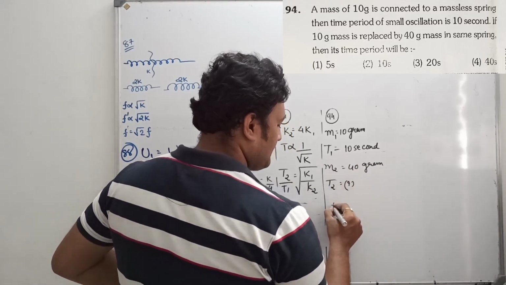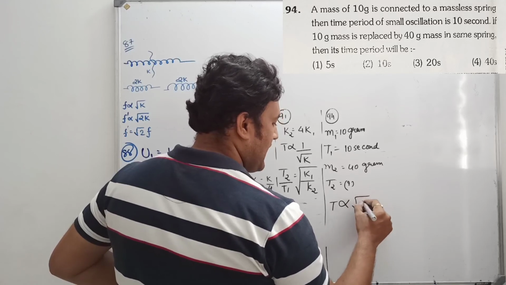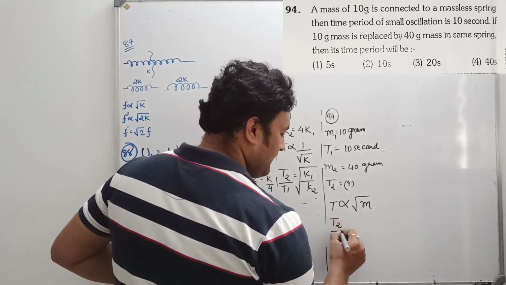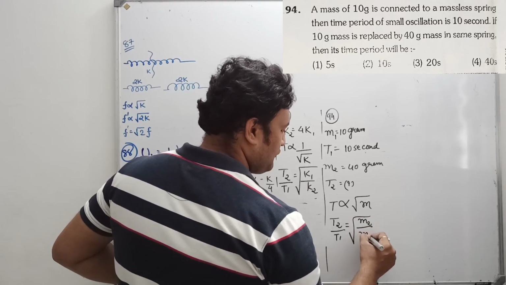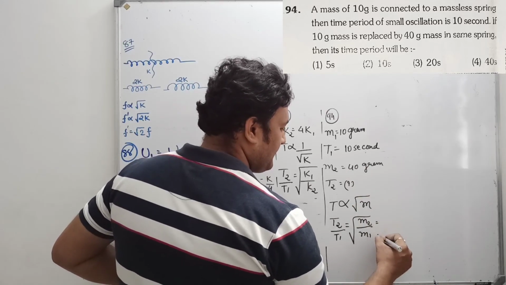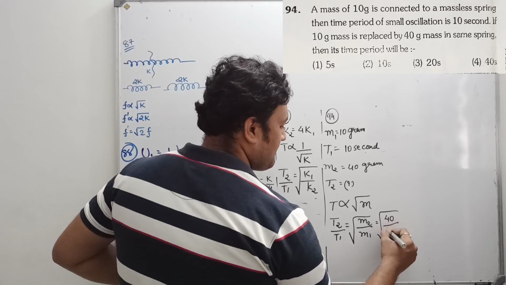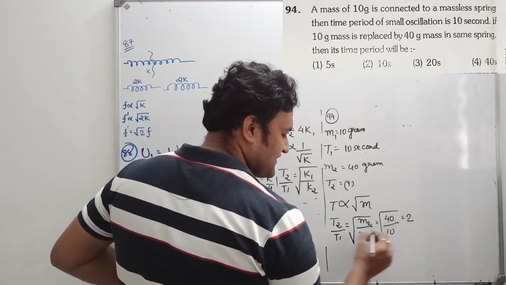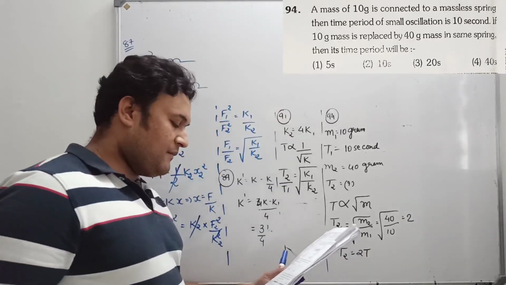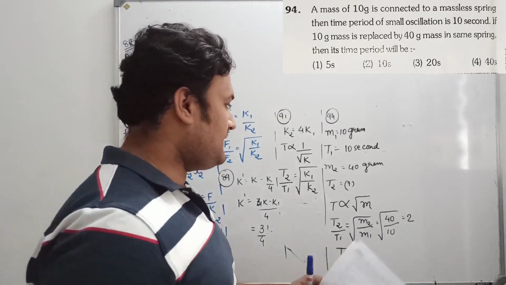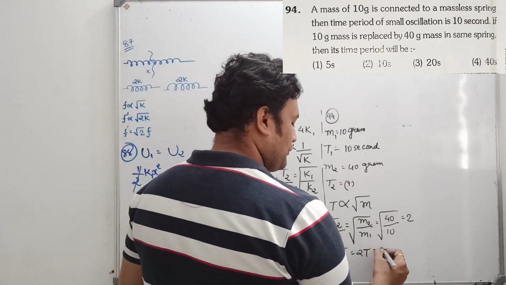So T proportional to under root M. So T2 upon T1 is under root M2 upon M1. M2 is 40, so 40 divided by 10 is 4, under root is 2. So T2 is equal to 2 T1. Time period becomes double, and here the time period given is 10, so 2 into 10.